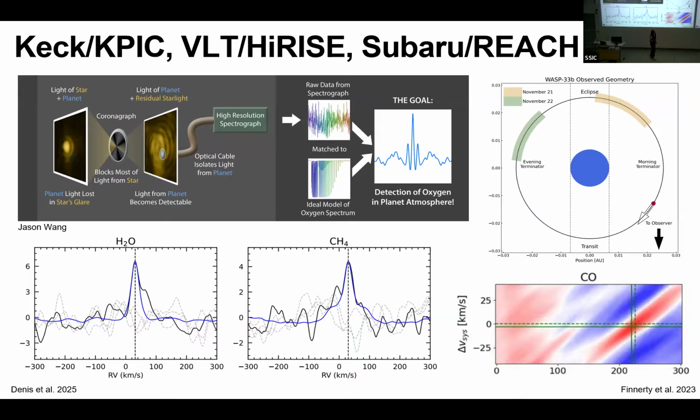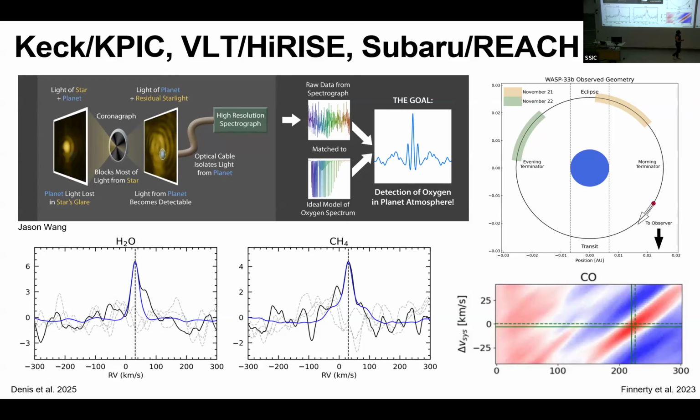The basic idea here is that you can couple a fiber-fed spectrograph with your adaptive optics corrected instrument to inject planet light and get R of something like 100,000 spectroscopy. So you can see a diagram of how this would work up here. And what you actually do with these data is get your raw data from the spectrograph and cross-correlate them against model atmospheres to look for signs of molecules, for example.